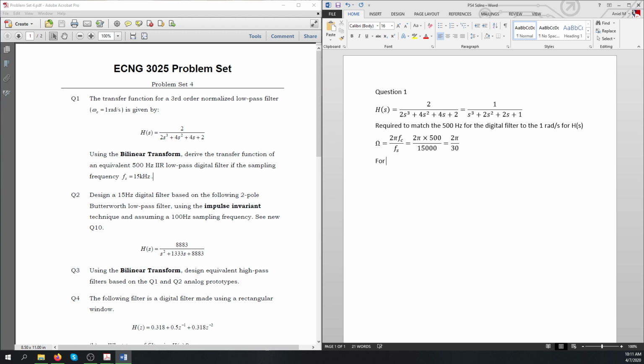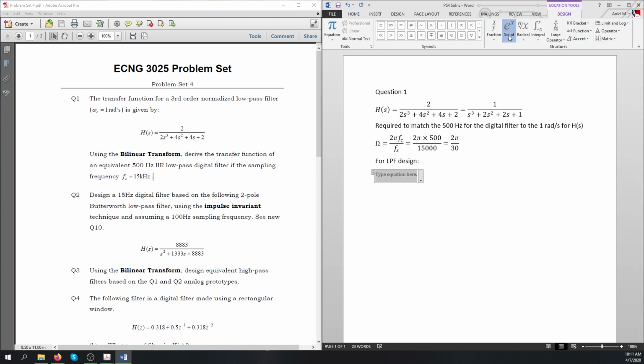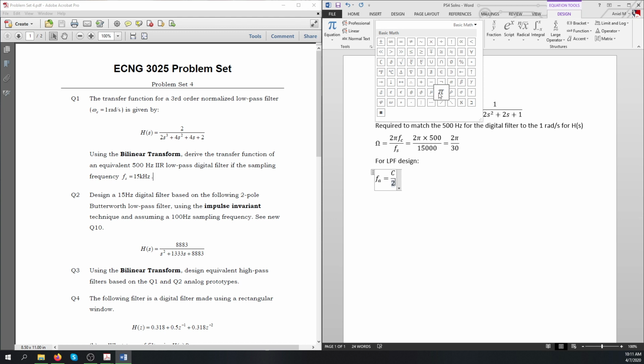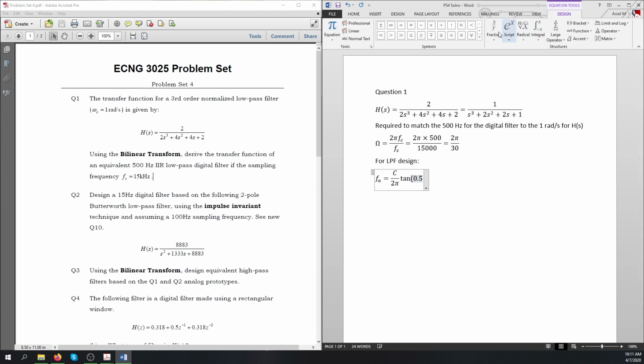Because we're designing for a low-pass filter, that means we'll be using the low-pass filter analog frequency equation. And this equation is given by FA equal to C on 2 pi tan of 0.5 capital omega.